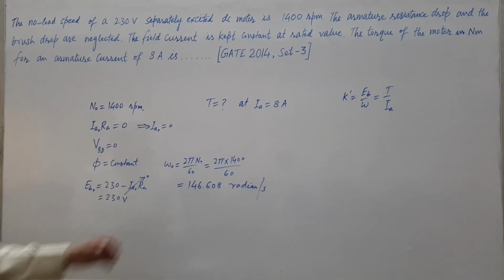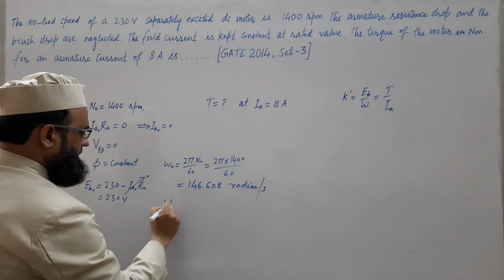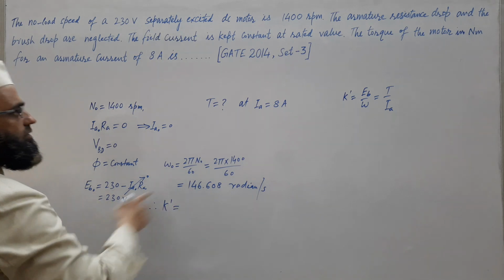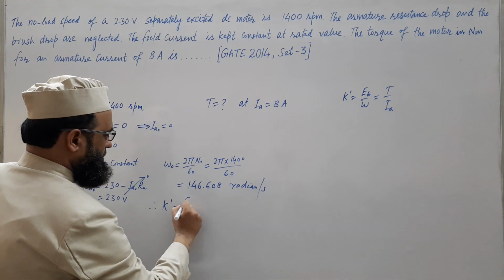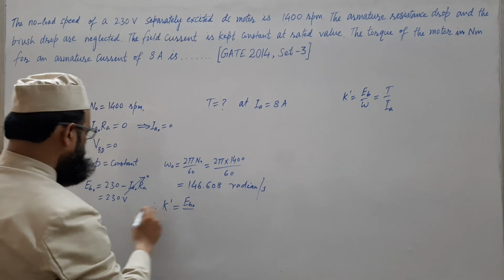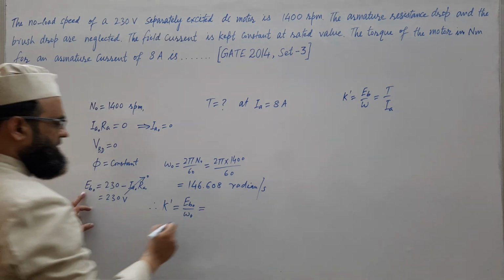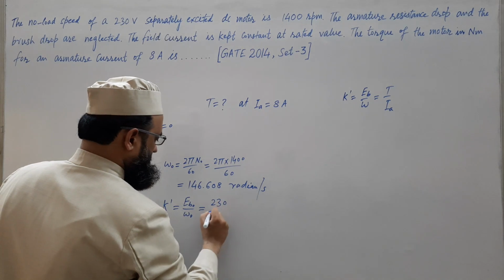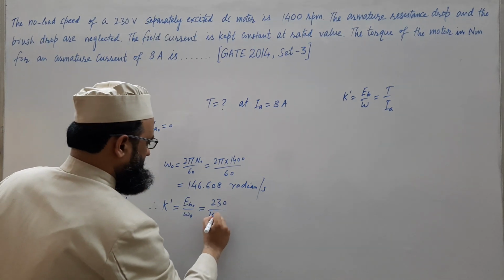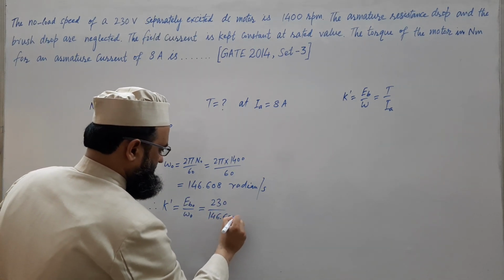Fine. So we can easily get K dash, taking any loading condition. So take the no load value upon omega 0. EB0 is 230 and omega 0 is 146.608.